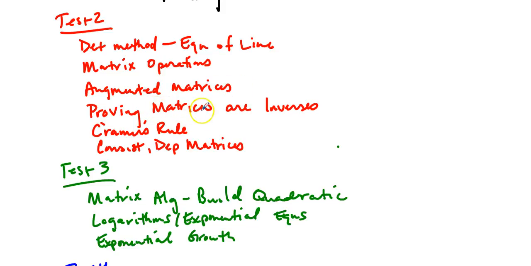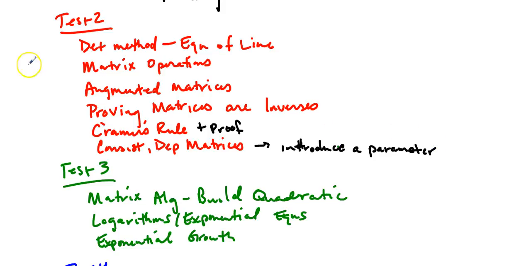Proving matrices are inverses of one another. Cramer's rule and the proof. And then consistent dependent systems where you had to introduce a parameter in order to come up with the solution.